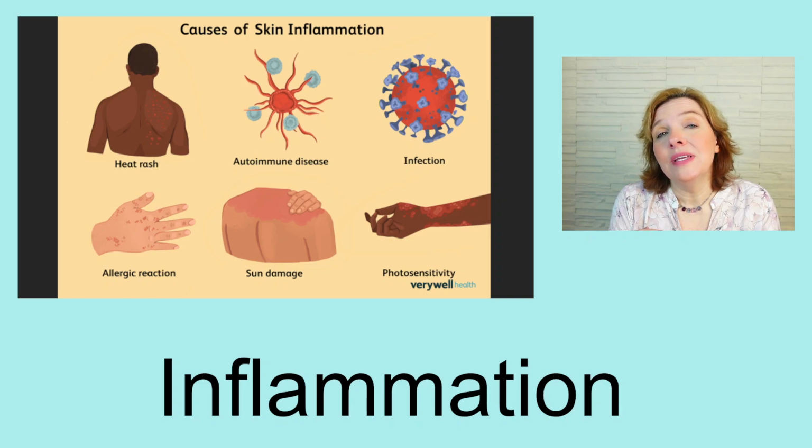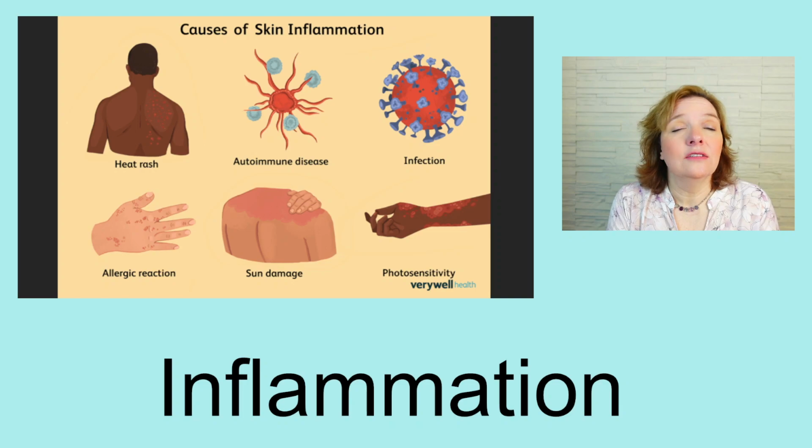There could be an autoimmune disease in the skin causing different types of redness. It could be an infection, either caused by viruses or bacteria. It can be an allergic reaction, like little spots on the skin.